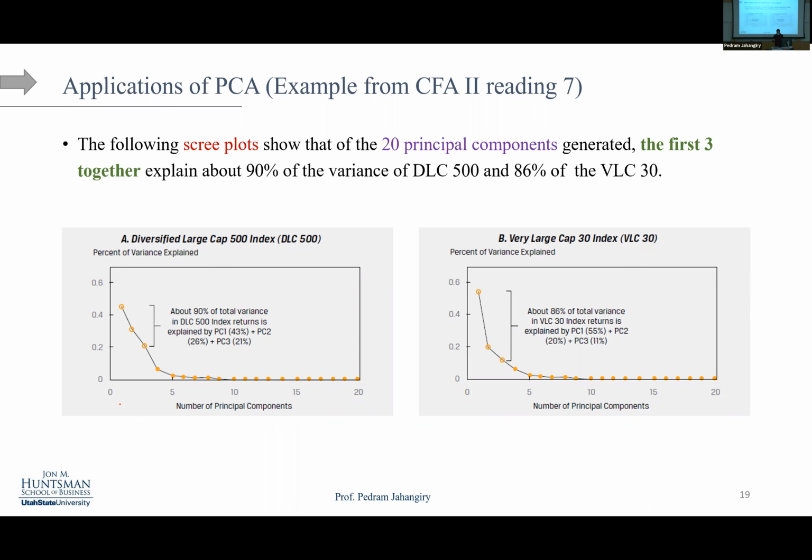The first three together explain about 90% of the DLC 500 and 86% of the VLC 30. So out of 2,000 features, the first three in the DLC portfolio explain 90% of the variation, and the first three in the VLC portfolio explain 86%.